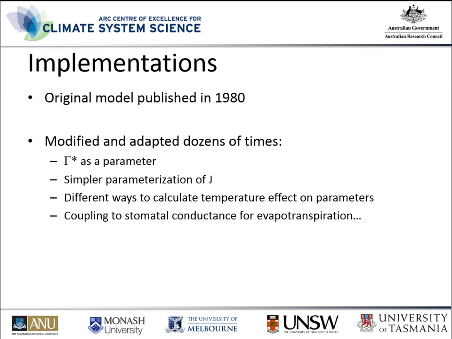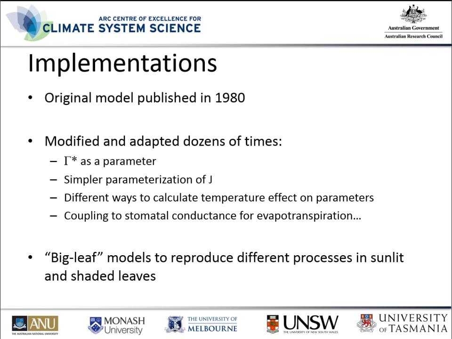There have been different ways to calculate temperature effect, as I've touched on a bit earlier. And now these things are coupled to stomatal conductance models. It will tell you how much stomata open during the day, so how much transpiration can happen. And in climate, the model I've just described is very detailed, so you could use it at the tree scale. But in climate models, we apply big leaf models.